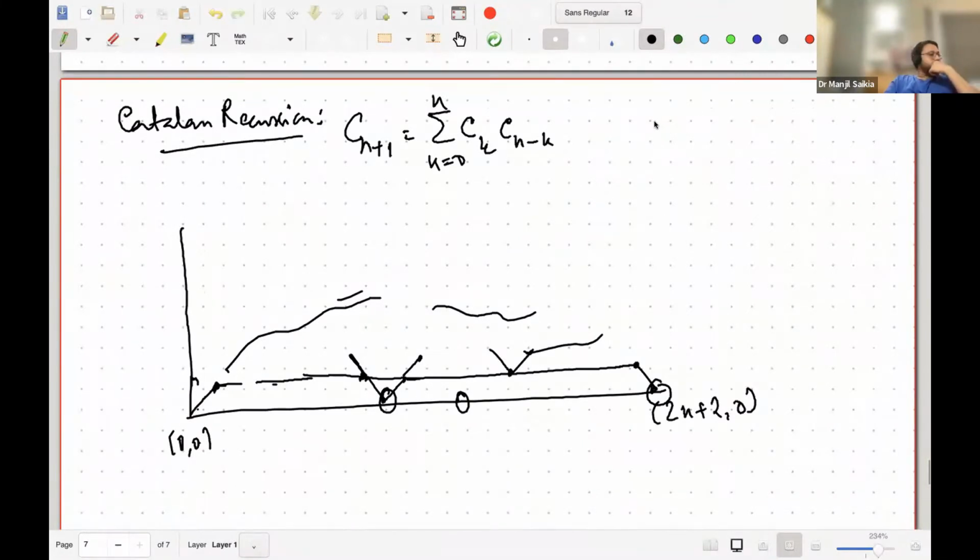Well, I would suggest you do the following. Try to prove this result using this Dyck path analogy, and if you are able to prove it, then it's very nice. Or if you are not able to prove it, you should write to me. My email ID is just my first name at my last name dot in.